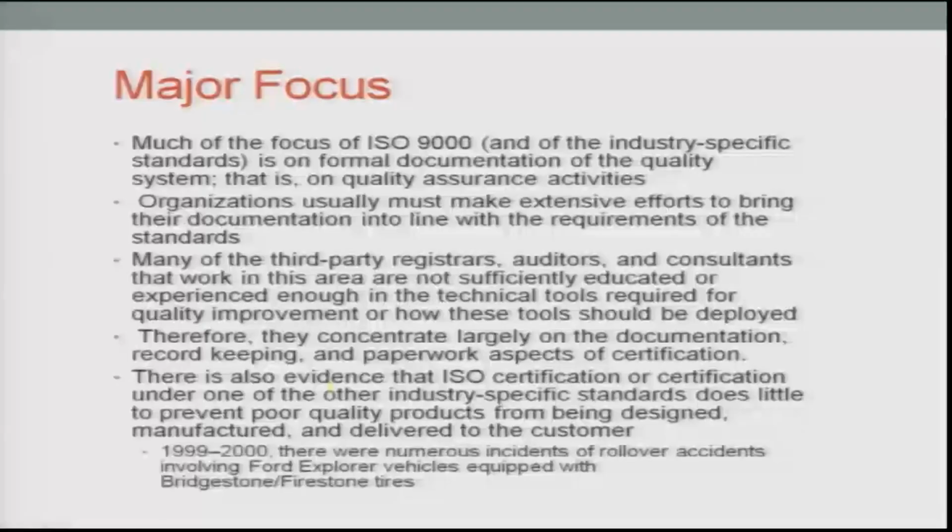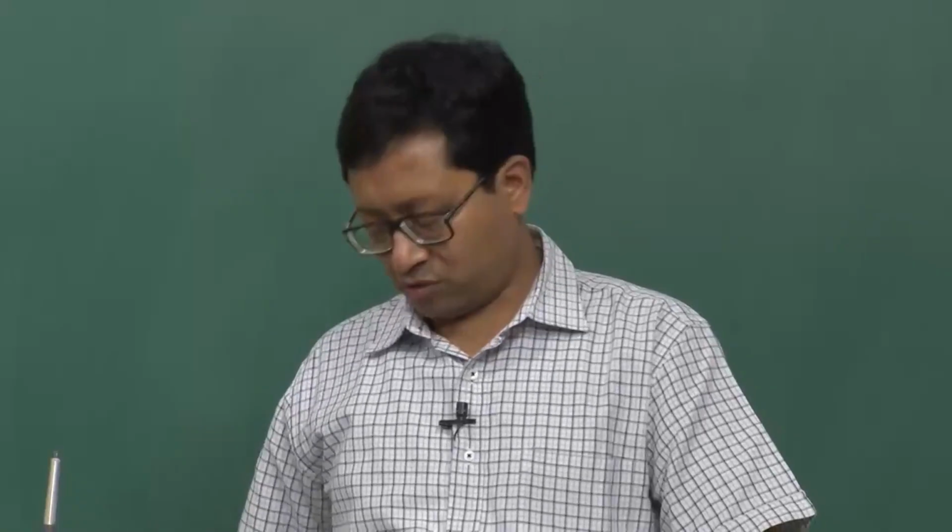To give an example, in 1999 to 2000 there were numerous incidents and rollover accidents involving Ford Explorer vehicles equipped with Bridgestone and Firestone tires, even though for all of these companies ISO certifications had been obtained and they were, as per the norms, working, or the manufacturing or the services were being delivered according to the ISO 9000 standards.